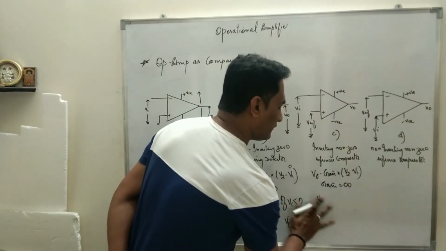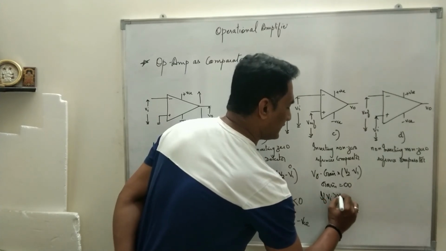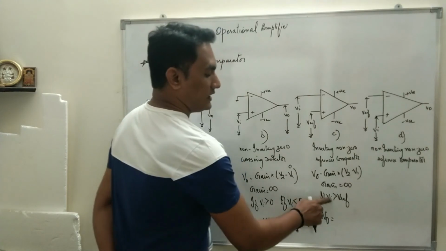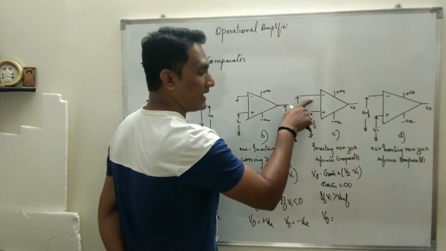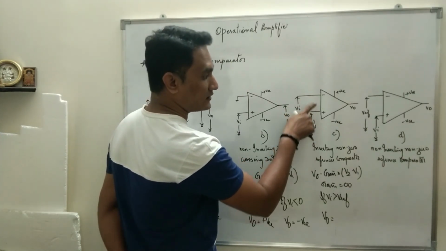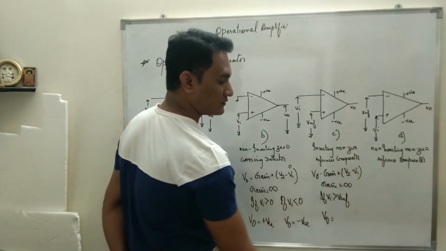Now if Vi is greater than V reference, in this case Vi is greater than V reference. So the potential applied at inverting is greater than the potential applied at non-inverting. So the difference between these two, that means non-inverting minus the inverting, will be negative.